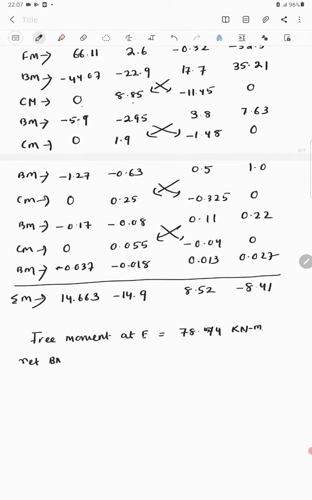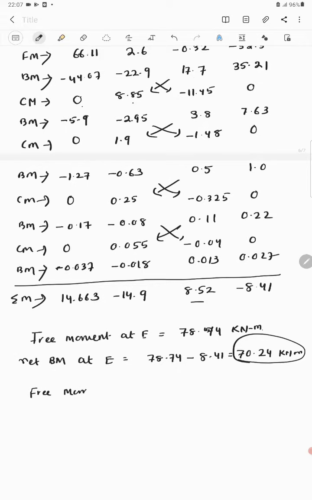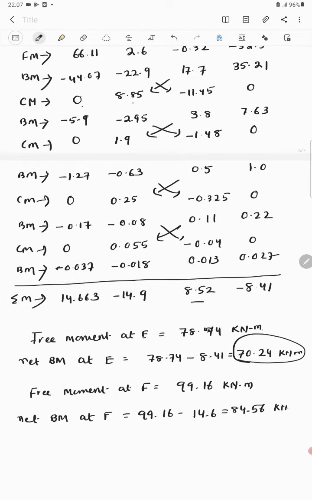So the net bending moment at E will be 78.74 minus 8.41, that is 70.24 kilonewton meter. Similarly, for the bottom, what is the free end moment at F? We have calculated 99.16 kilonewton meter. So the net bending moment at F is 99.16 minus 14.6, so 84.56 kilonewton meter.